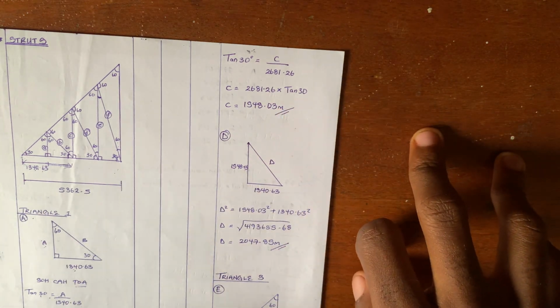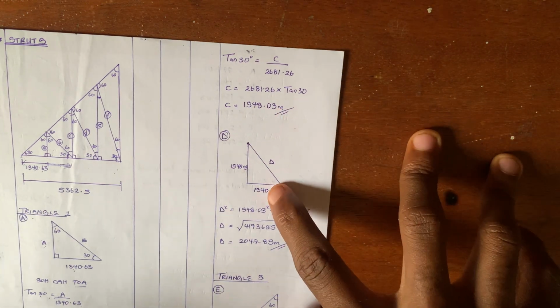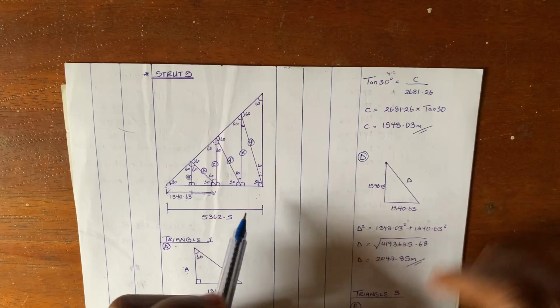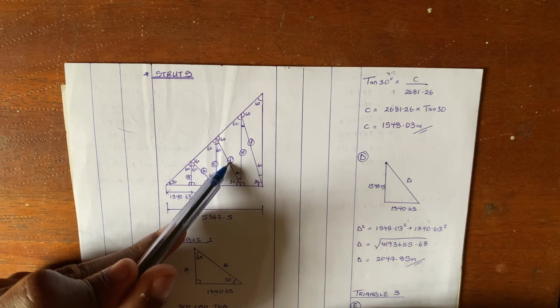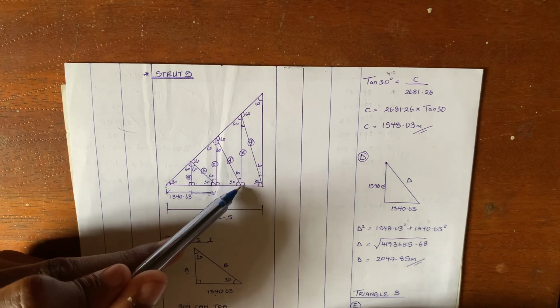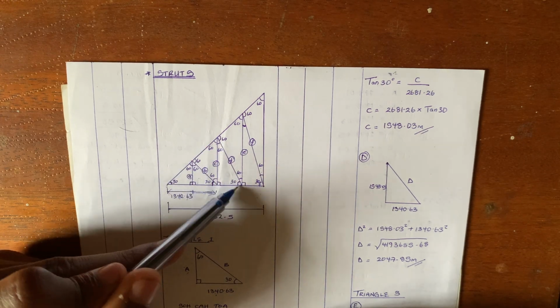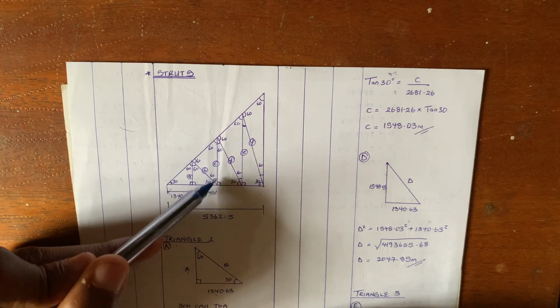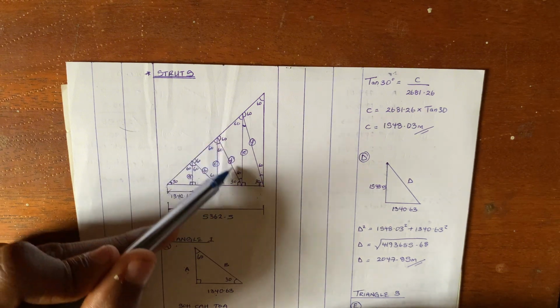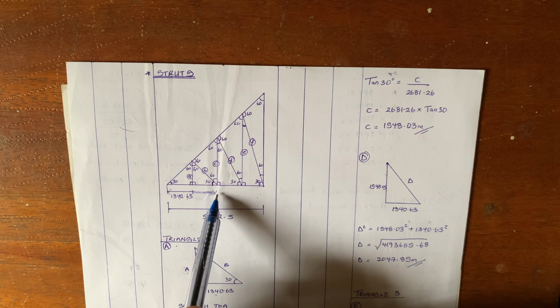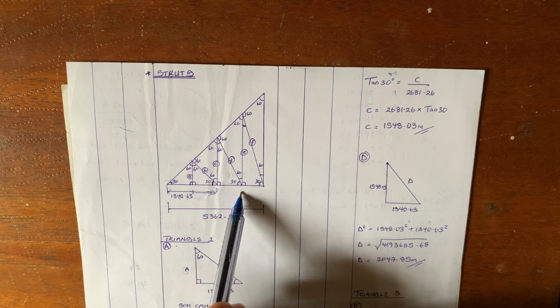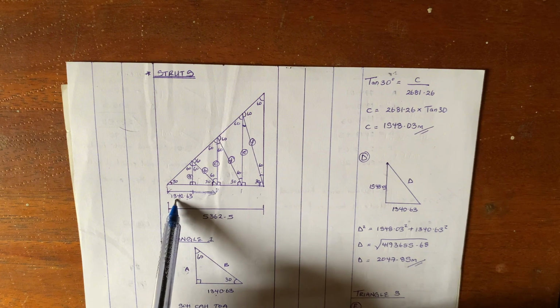Doing this, you've gotten C. So I've gotten A, B, C. The next thing is D. Now if you look at where D is positioned, how can we look for D? We can bring out this triangle here in order to determine what D is. And this triangle, we can define it by saying we need the distance from here to this side, which is 1340.63.